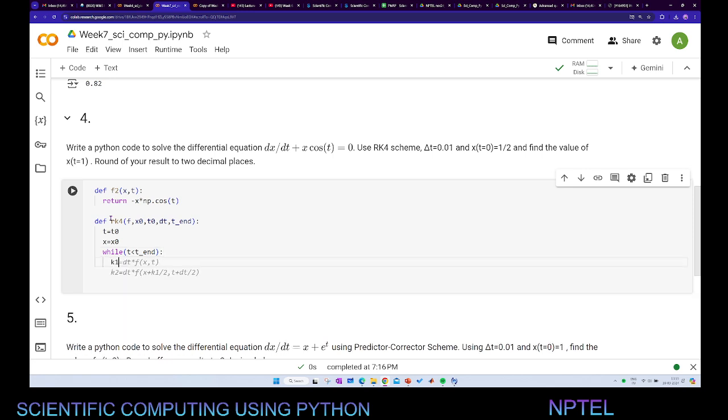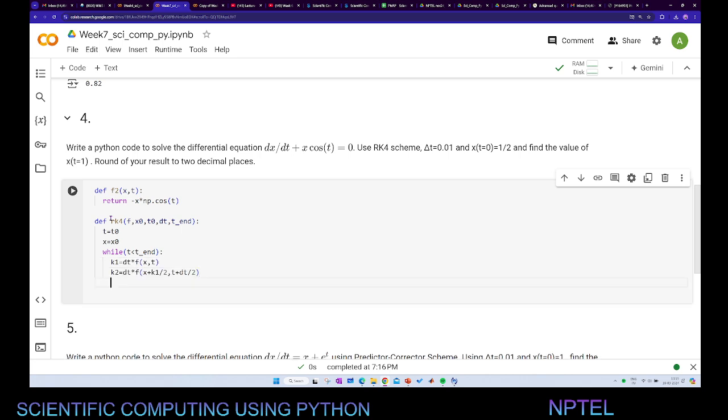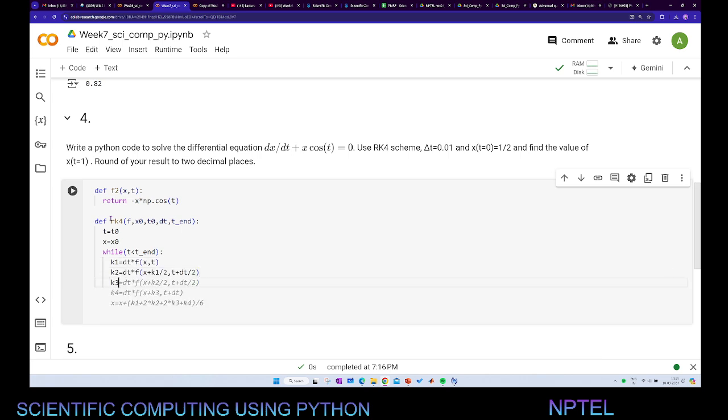Now we have to define k4, right? k1, k2, k3, k4, and it already gives. So k1 is dt times f of x comma t. That is correct. K2 is dt times f of x plus k1 by 2 and t plus dt by 2. That's true. And k3 is the same thing with k1 replaced by k2.